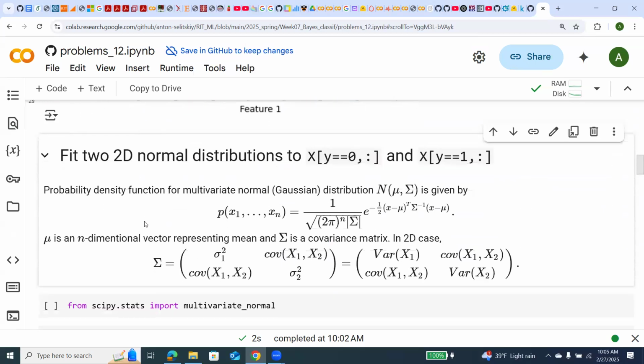This is the formula for normal distribution. It has mean and covariance matrix. And this is the formula for covariance matrix with variances on the diagonal and covariances on the off diagonal. But there is a built-in function, and we will use it, which will calculate mean and covariance matrix from the data.